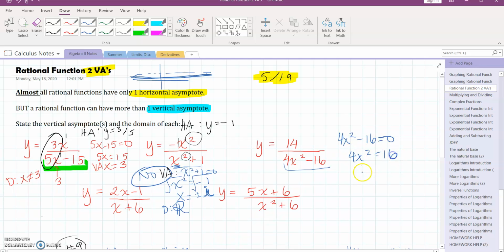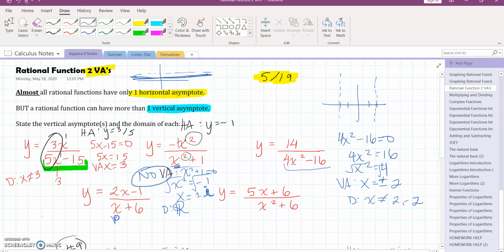So I'm just going to set my denominator to 0 and solve, and the square root of 4 is plus or minus 2. Okay, so here's the first one where we've seen two vertical asymptotes, x at 2 and at -2. So these are your vertical asymptotes, which means your domain is x shouldn't be 2 or -2, because that means you would divide by 0.